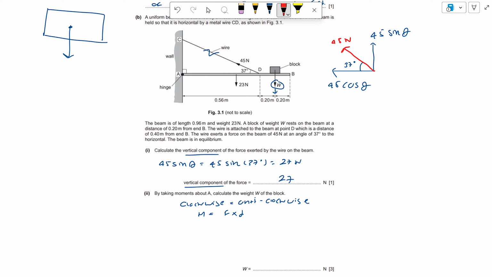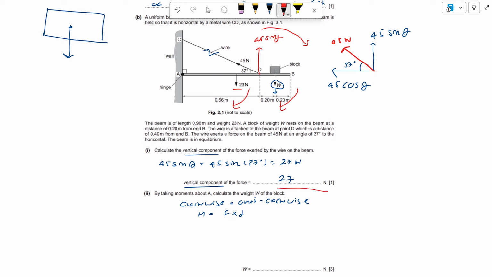We have a vertical force acting this way, which is going to be 45 sine theta. So 45 sine theta, or 27 newtons, is going to be our clockwise moment, and W and 23 newtons are going to be our anti-clockwise moment.